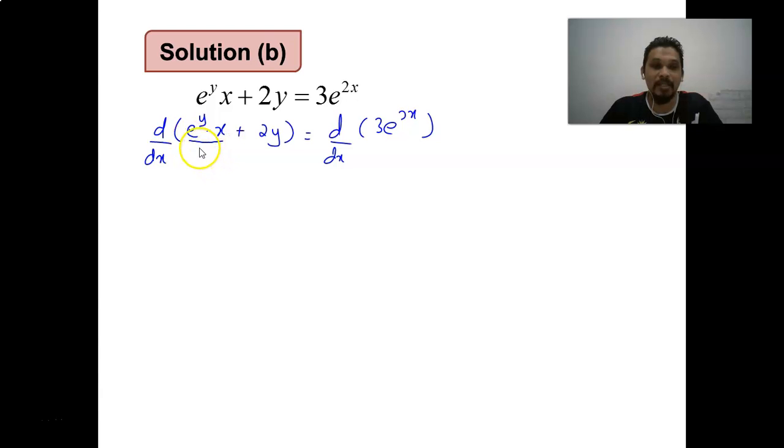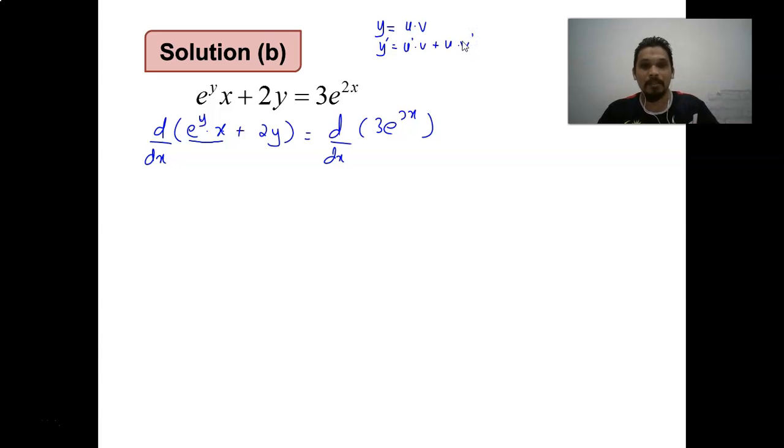Okay, and in this case, we got two functions here, e power of y and then x. So we are going to multiply, just like y equal to u multiplied with v, so then y prime equal to u prime dot v plus u v prime.